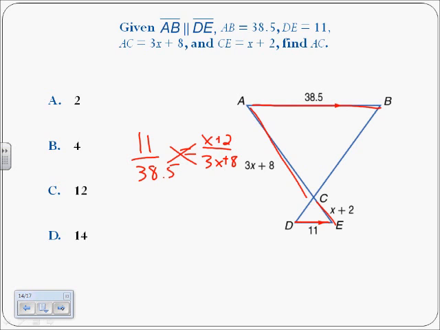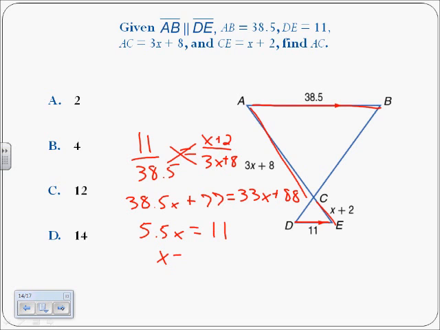Okay, I will have 38.5x plus 77 is equal to 33x plus 88. Subtract 33x on both sides, left with 5.5x is equal to 11.